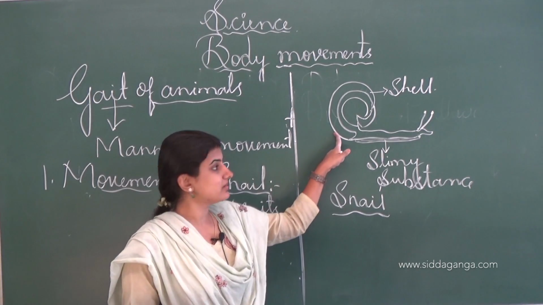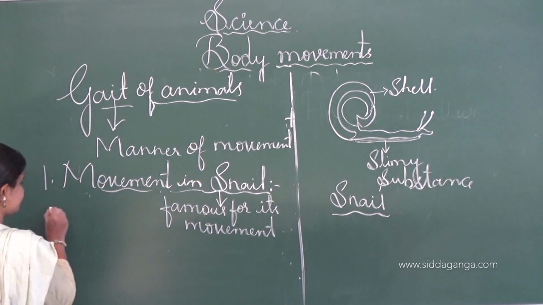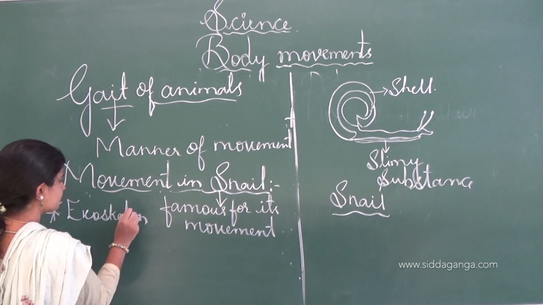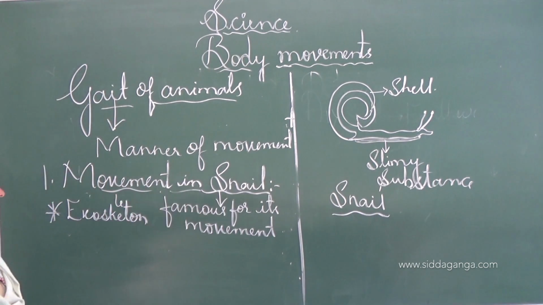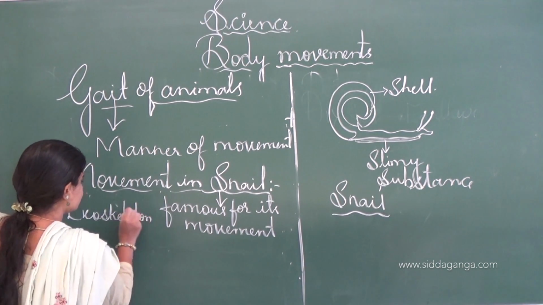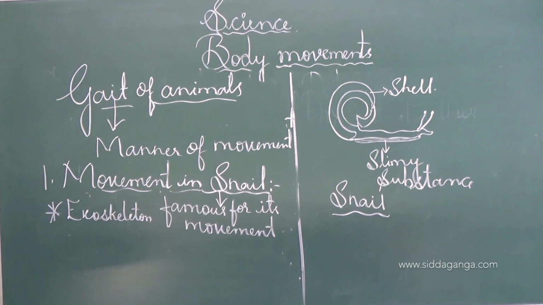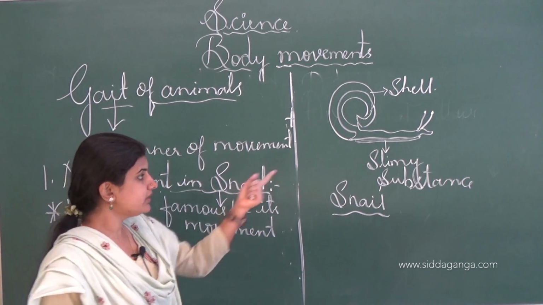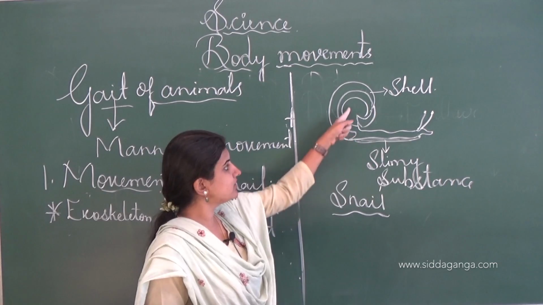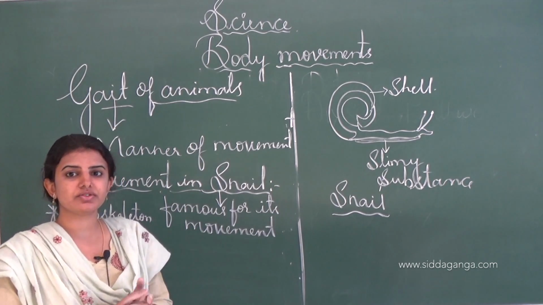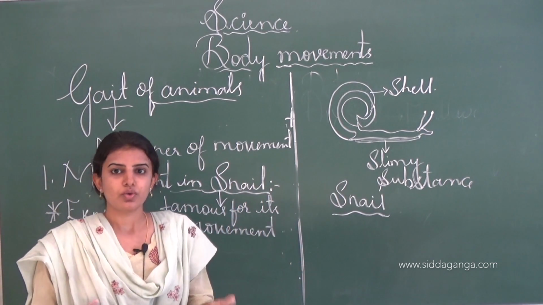Outside the body, the skeletal system is present. Also, in any dangerous condition, the snail hides its head portion as well as its foot portion into the shell, and afterwards, when the dangerous situation ends, it comes back to the original state.